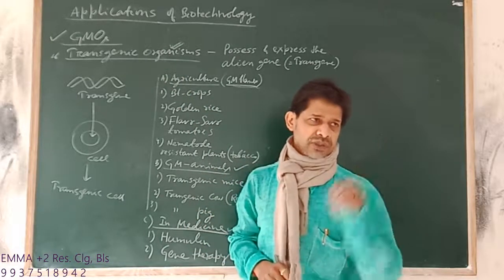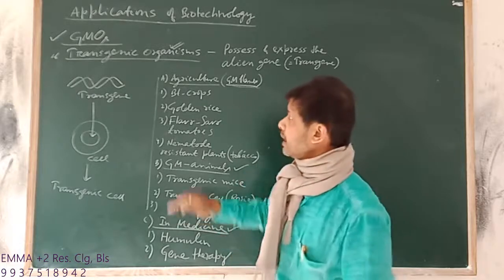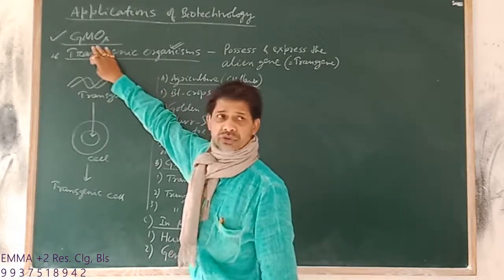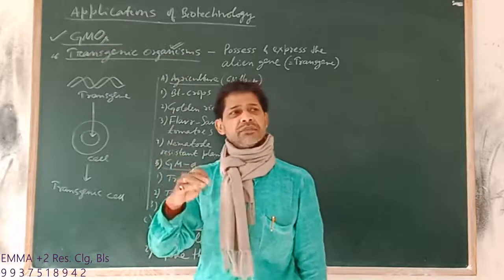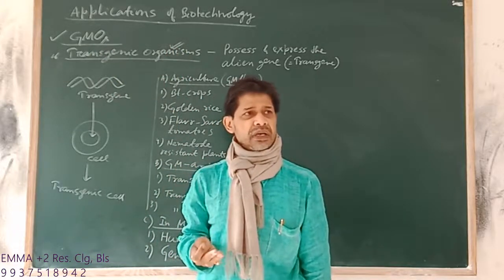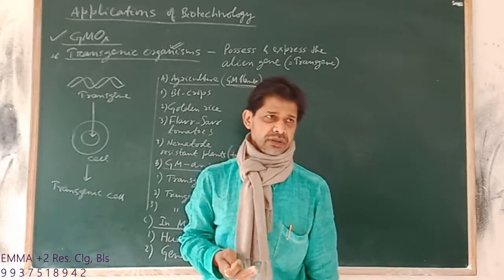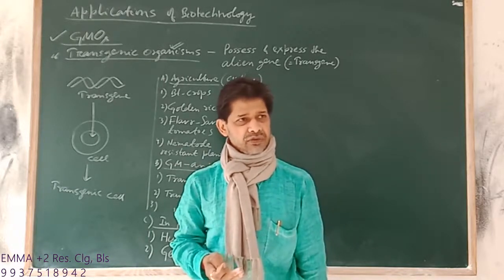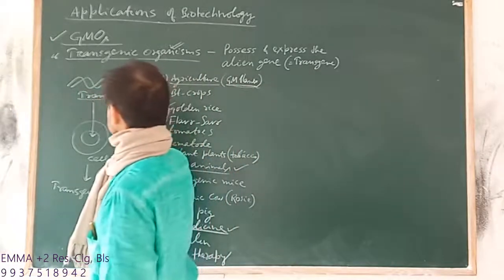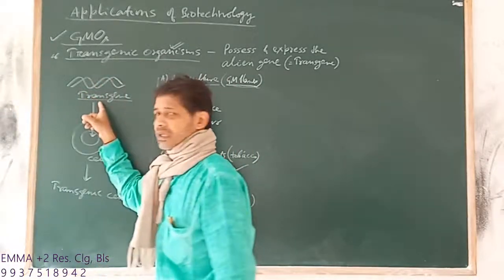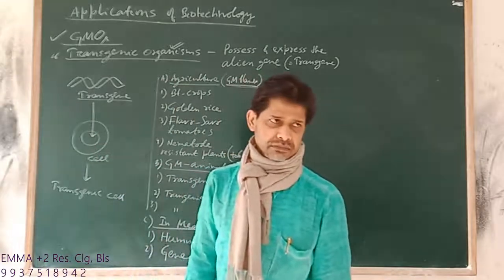Now one more question. How can we produce a transgenic organism? Your answer is by using rDNA technology or recombinant DNA technology. So here you see this DNA is having a transgene.